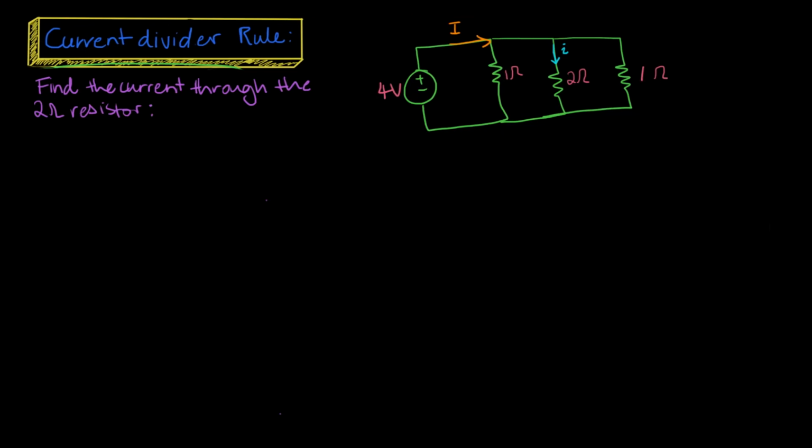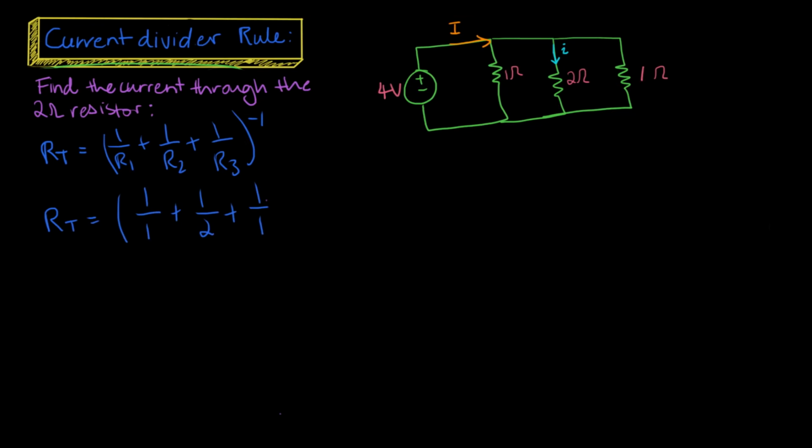We'll use the resistor parallel addition rule, which is R total is equal to 1 on R1 plus 1 on R2 plus 1 on R3, all to the power of minus 1, which equals 1 on 1 plus 1 on 2 plus 1 on 1, to the power of negative 1, which is 2 on 5 ohms.